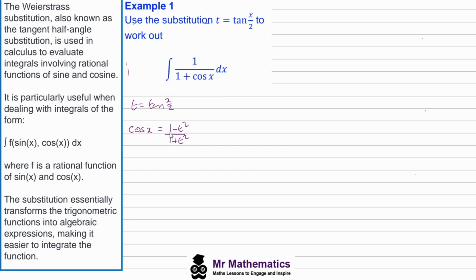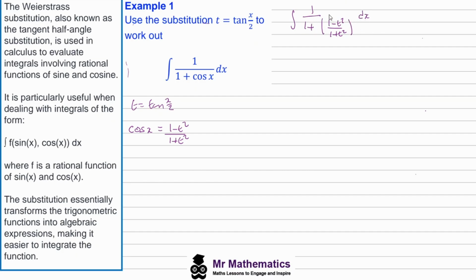If you're not sure how to do this, you should check out my videos on the t formulae on my website. So if we substitute this into our integral in place of cos, we've got the integral of 1 over 1 plus 1 minus t squared over 1 plus t squared, integrated with respect to x.